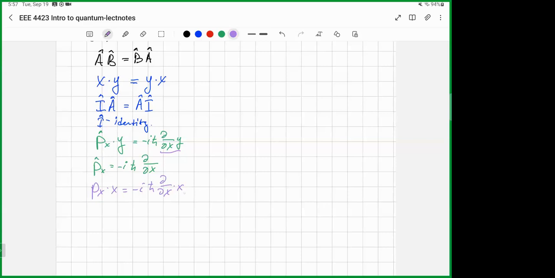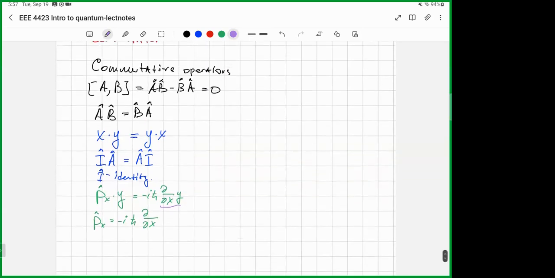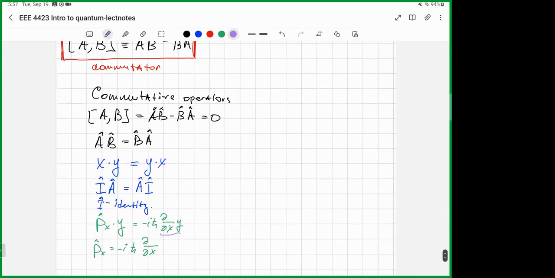Now it matters in which order you write the operators, which means that px and x cannot be measured in the same experiment with high accuracy. So this is for the commutative operators.